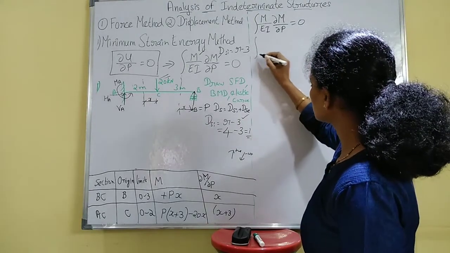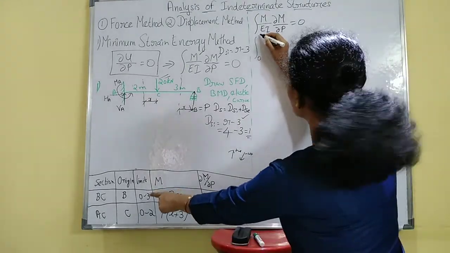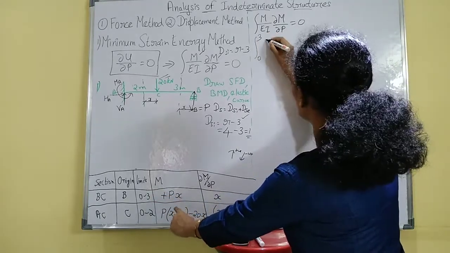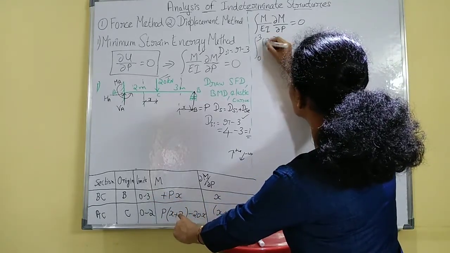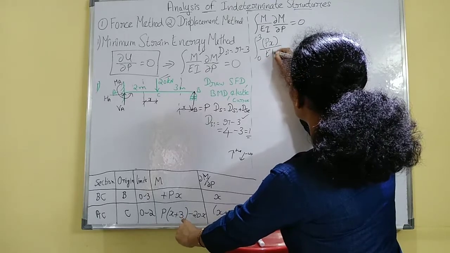So just write this first section, that is 0 to 3, you have M as P into X divided by EI.